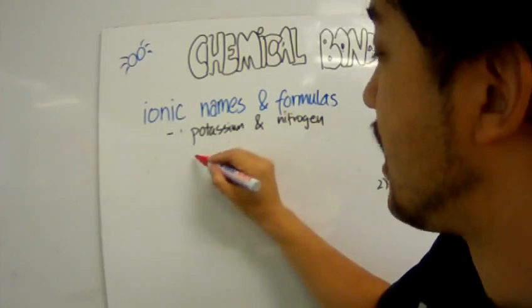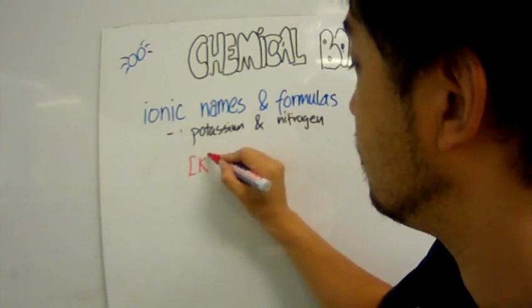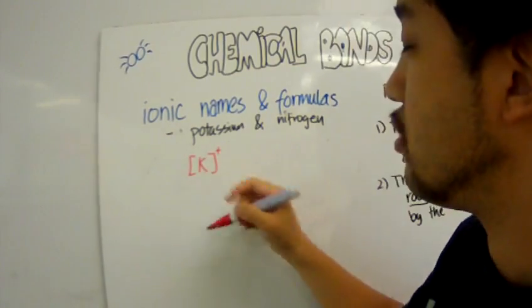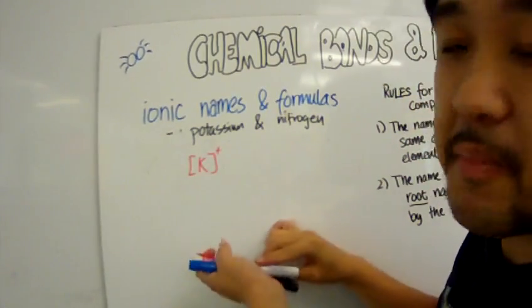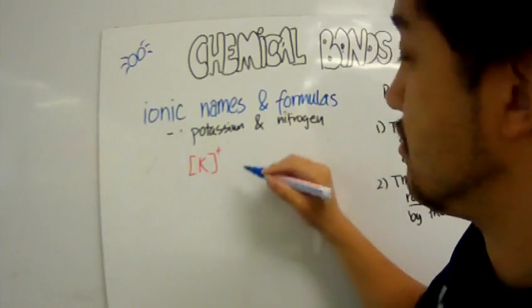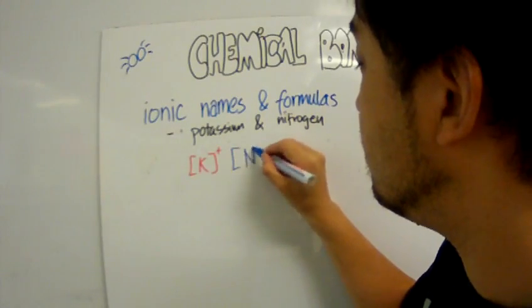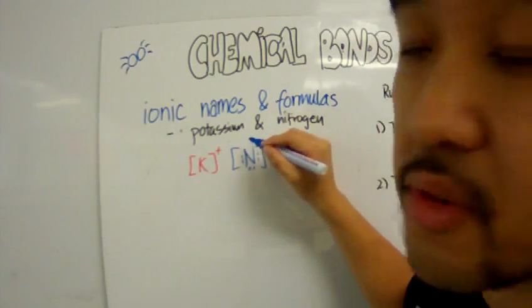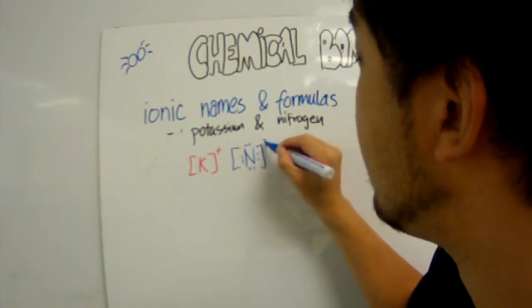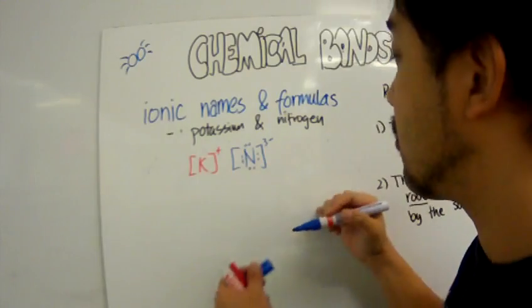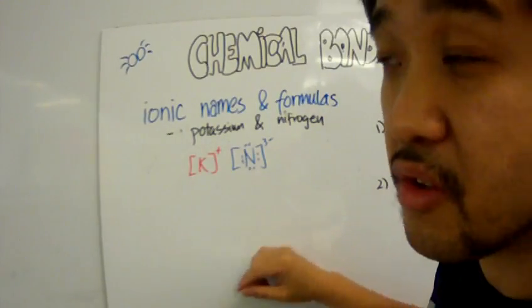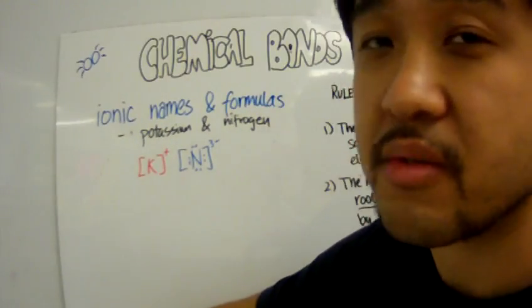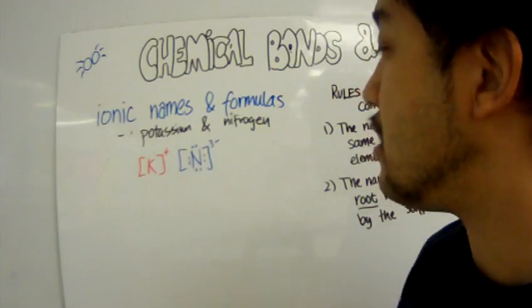Potassium in its ionic form will be K plus, and nitrogen in its anion form will receive 3 other electrons from somewhere else and becomes a 3 negative charged ion. All right.